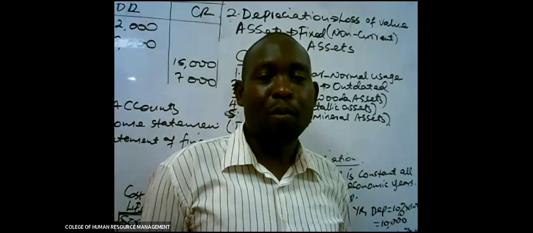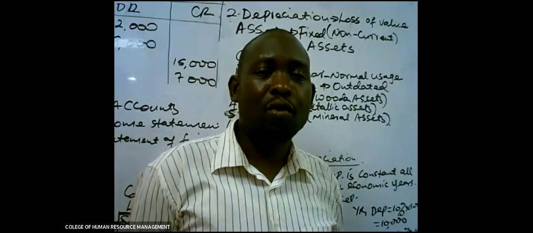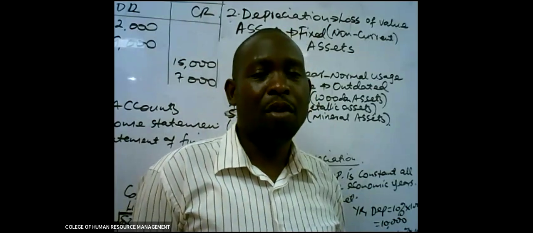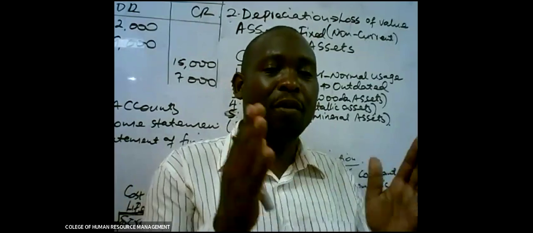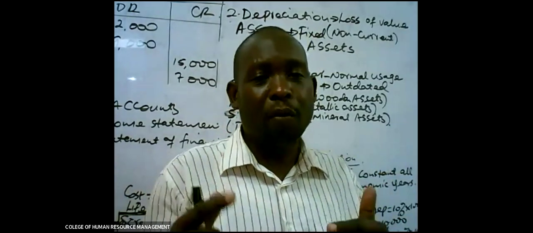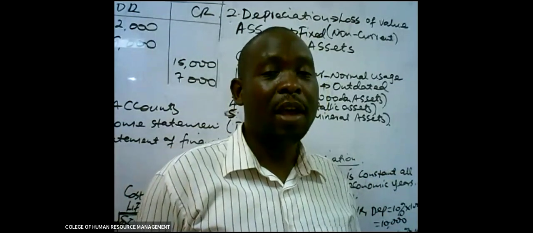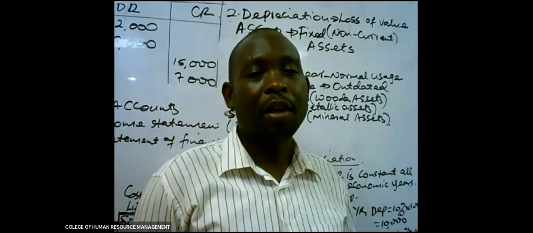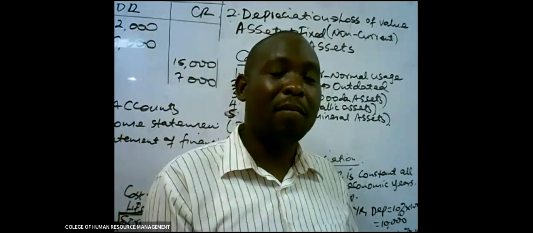We look at our computer, we bought it at 30,000. This computer has been used to generate income, but it has lost value. So if I say that I earned a profit of 50,000, but the computer that was part of the equipment used to generate that revenue or profit has lost a value of 4,000, it is realistic if we can adjust our profit.